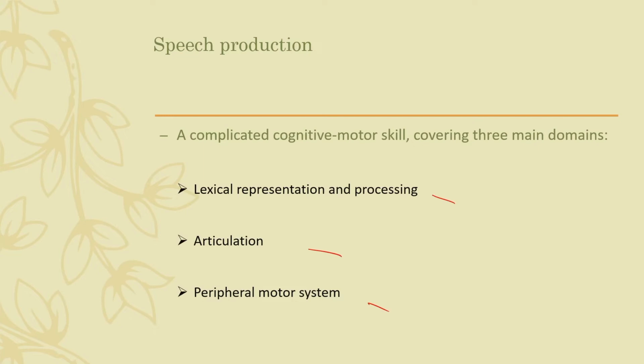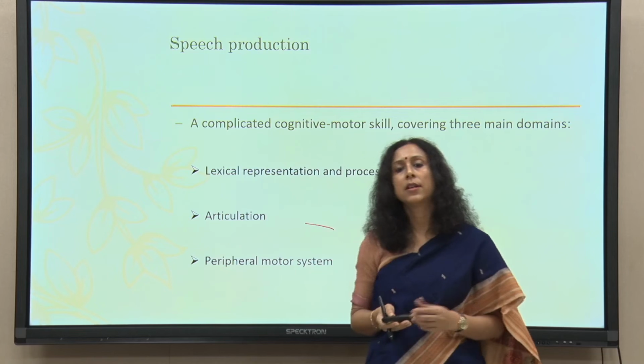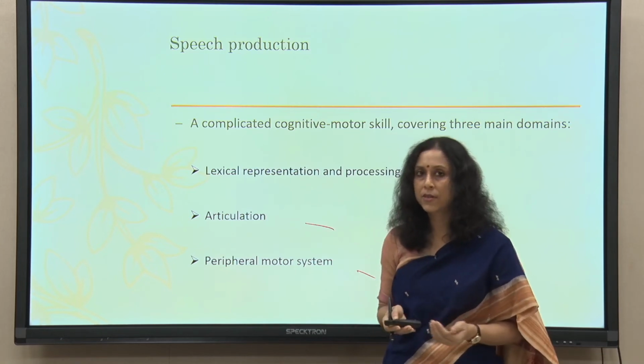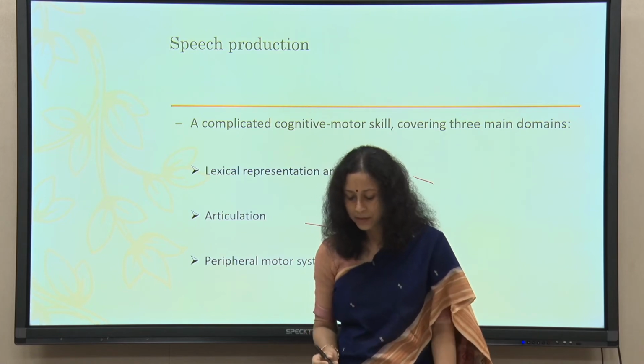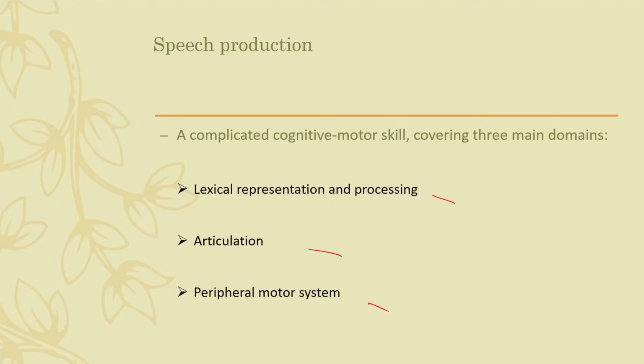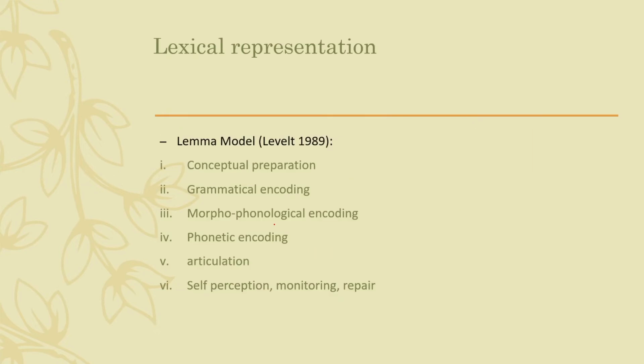It is a very complicated cognitive motor skill that incorporates information from various domains, but largely we can categorize all the research into 3 sub areas: lexical representation in the brain and its processing, articulation, that is the speaking part, and then the peripheral motor system.